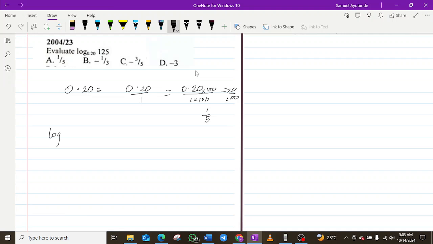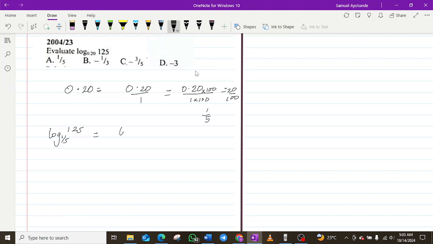So I have log 125 base 1 over 5. From there, I can change the base if I want to. There are other logarithm ways we can use to solve the same question, but since we are doing change of base, we use change of base. I would need a number that has a power relationship with 1 over 5 and 125, and the best is 5 itself.